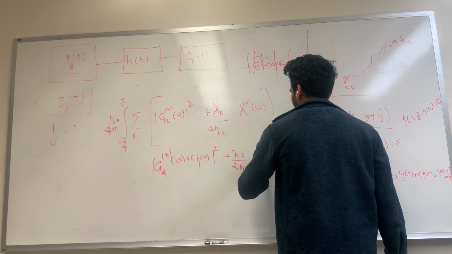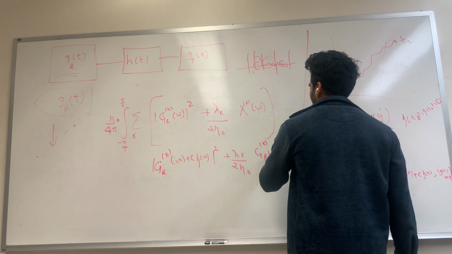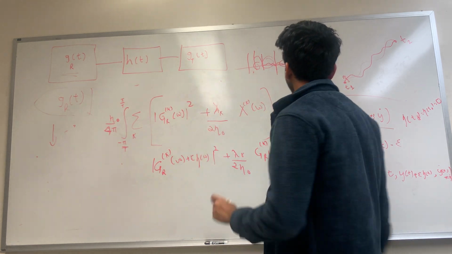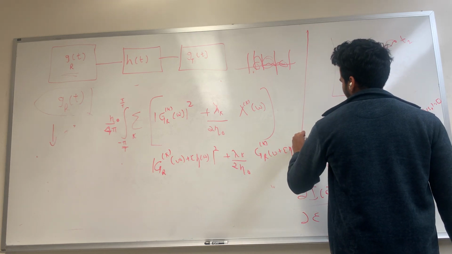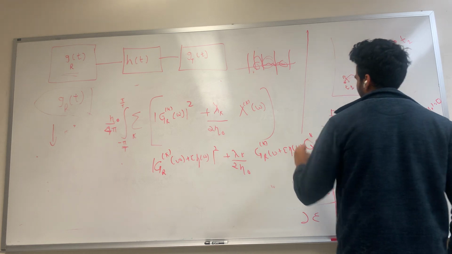We just perturb this again. And I'm just going to call G_T times H of omega, let's say, Q_k of omega, just for simplicity.